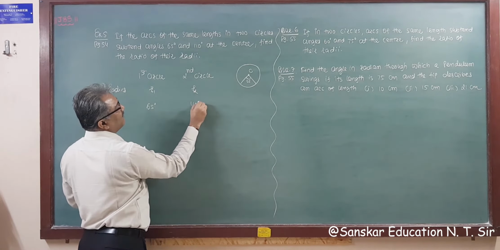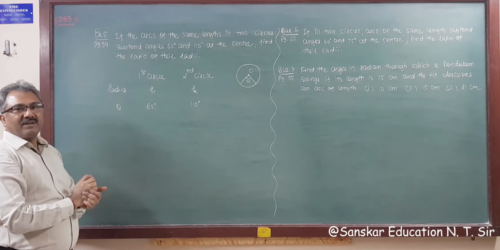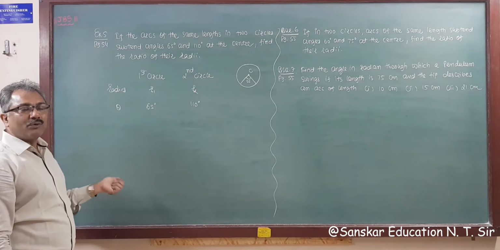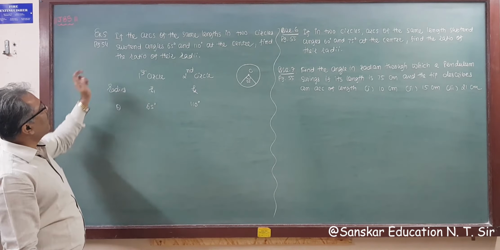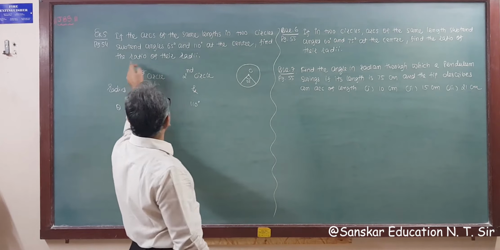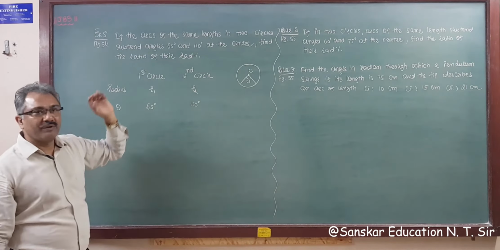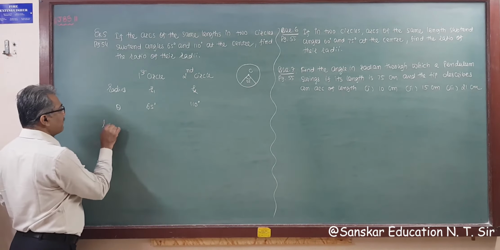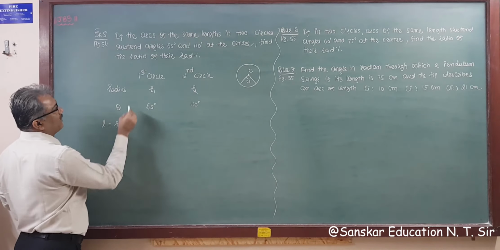Now you have the formula theta is equal to L upon R, but we have to find out the arc, right? Same length of the two circles, then find the ratio of their radii. So we use the L is equal to R theta formula.